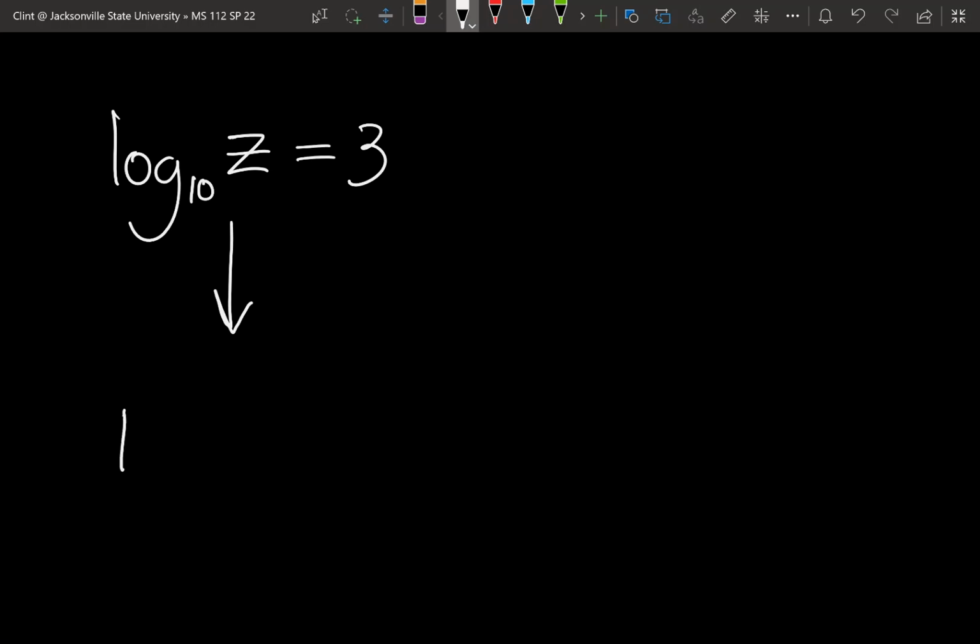So we got log base 10 to what power? Third, yeah. Third power, and that equals... yeah, we're just rewriting. Yep, just writing in different form, that's right. So that's going from logarithm form to exponential form.